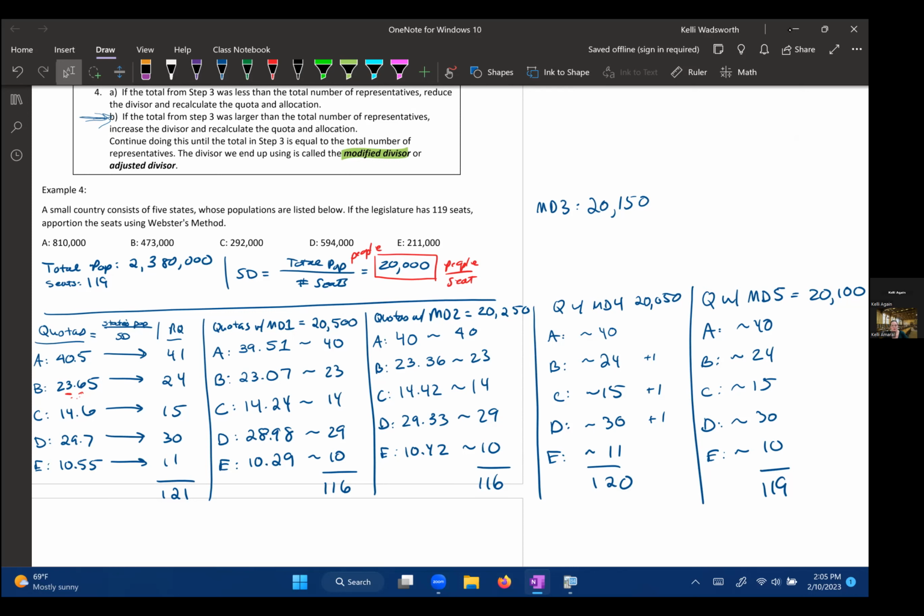So if I had listened to that, maybe I would have had 1 or 2 less, but it's not that bad, right? And like I said, I could have used Excel to help me with this, and it would have gone faster just because I wouldn't have had to type in my calculator those 5 big numbers 6 times and divide by the different divisors. But this is now the final allocation using Webster's method, right?